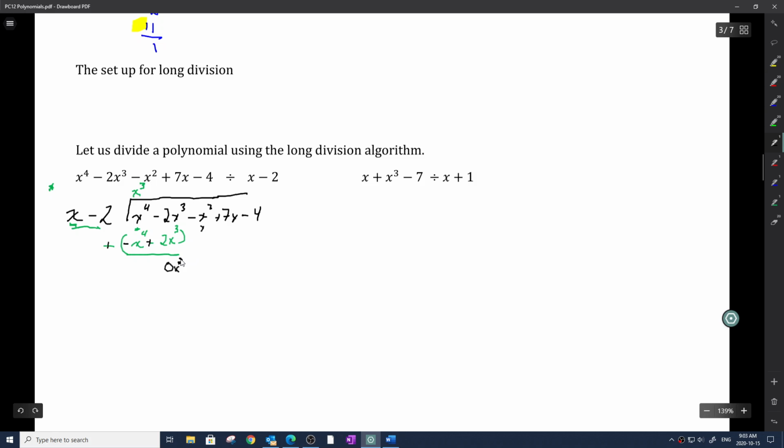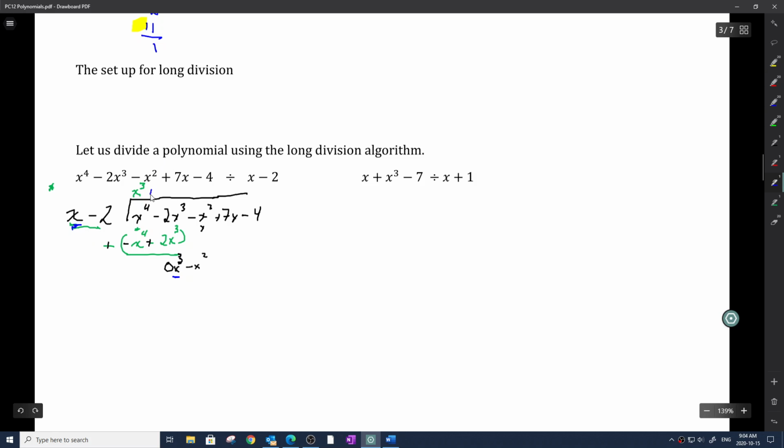And then I carry down my x squared, so minus x squared. Now here, again, I ask myself, x goes into x to the power of cube. Well, wait a second. X times what gives me 0x cubed, now only looking at the front?